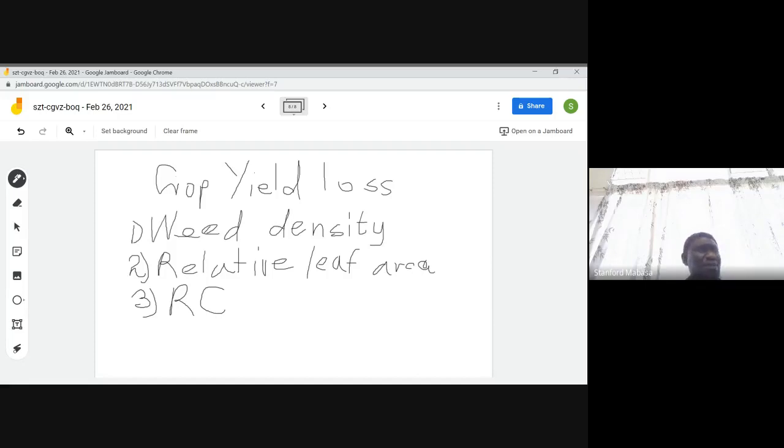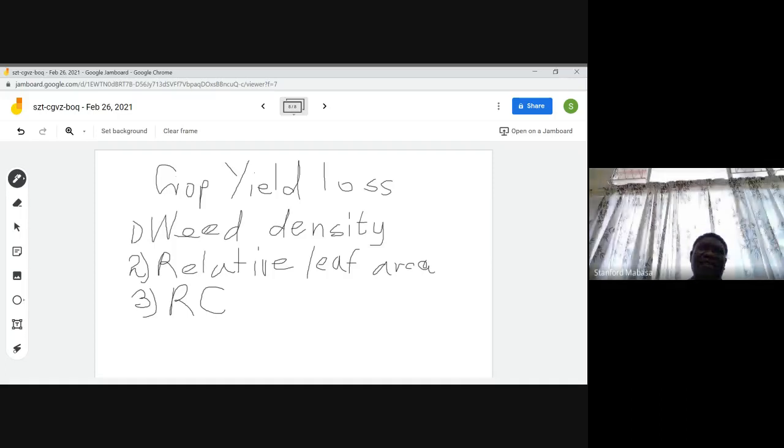It's either you go in the field, you count the weeds, then using that graph of Cousens or the equations, you can estimate yield loss. Or if you have the instruments and the time, you go and measure leaf area, which is very accurate. But you can simply walk into a field and estimate RC, relative cover, which is very simple to estimate.